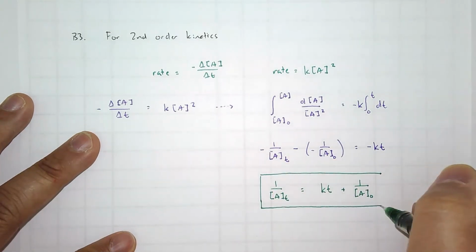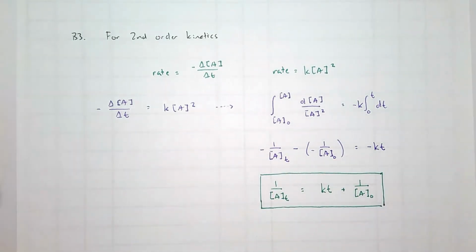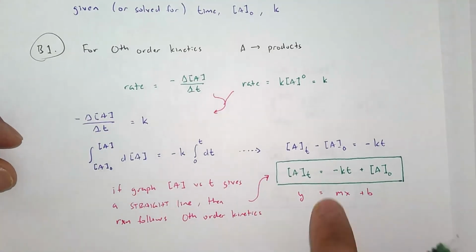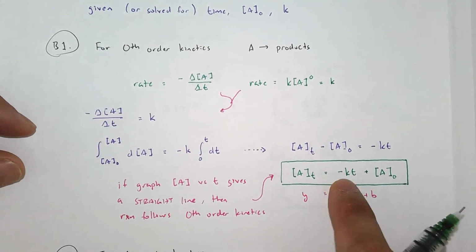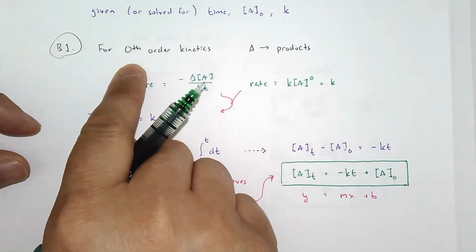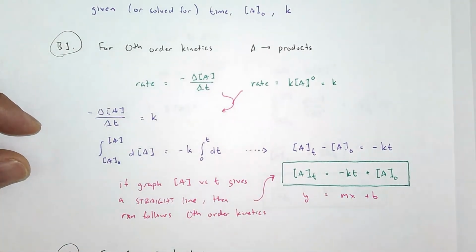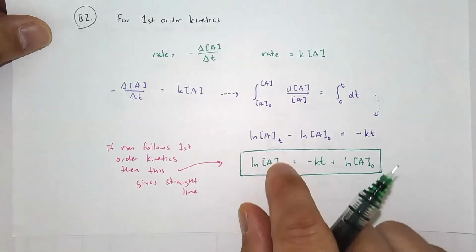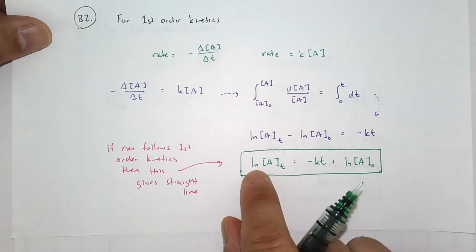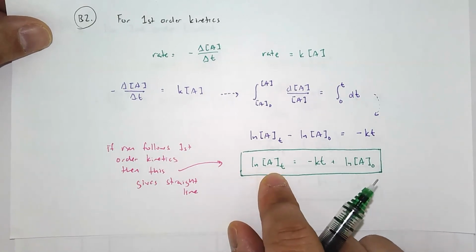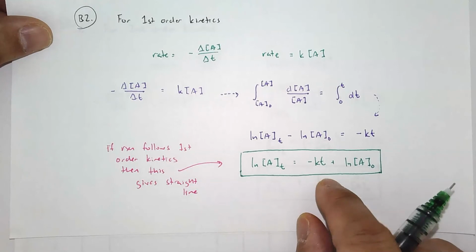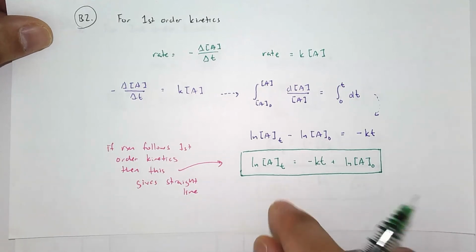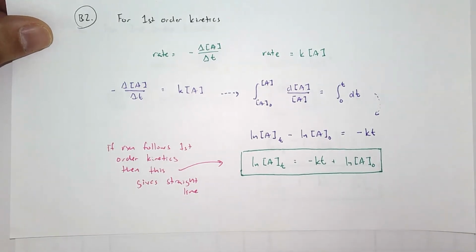The thing is, when you're analyzing your data, concentration of A versus t, and you graph based off of the zeroth order equation, if it's not a straight line, it is not zeroth order kinetics. Then you would want to graph the equation where you change all the concentrations of A into the ln of the concentrations of A. Graph that versus time, and if that's a straight line, then the reaction follows first order kinetics.